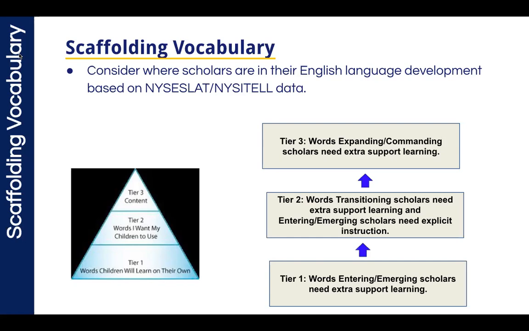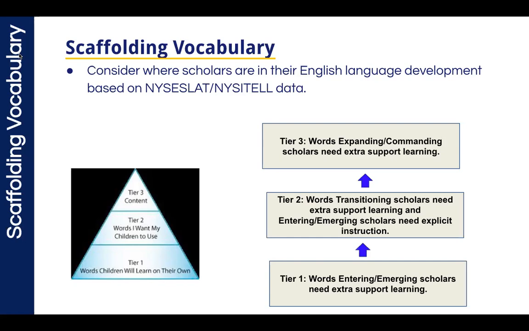I think it's really important for us to consider with our English learners that we always need to start from tier 1 vocabulary. Many of us assume that all of our students, especially general education, know the tier 1 vocabulary, those words that we think children learn on their own.